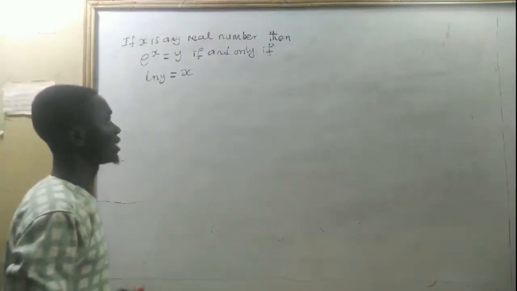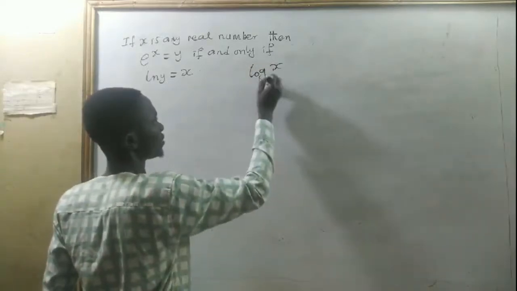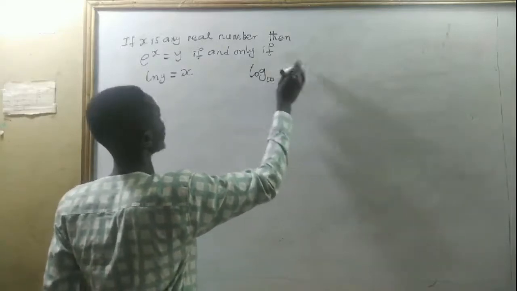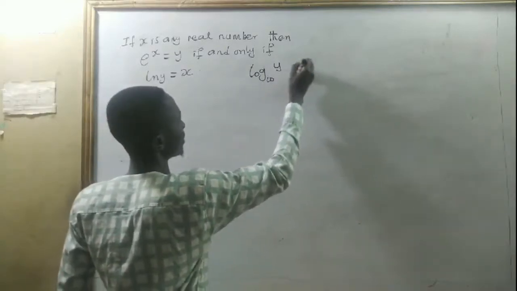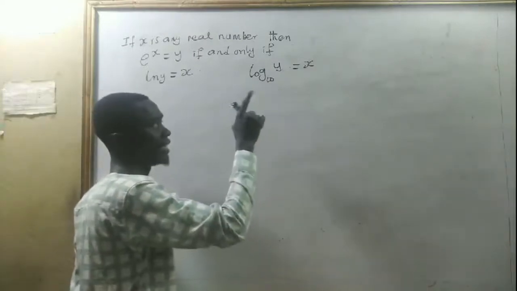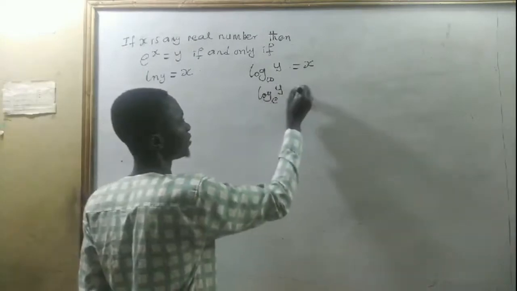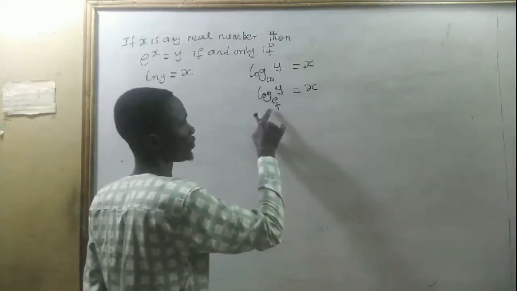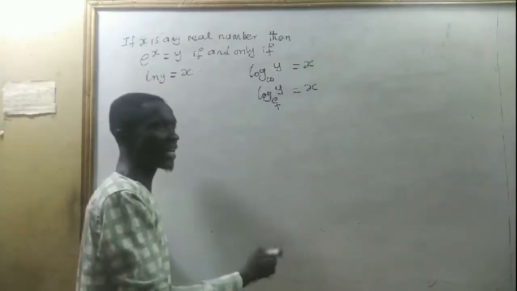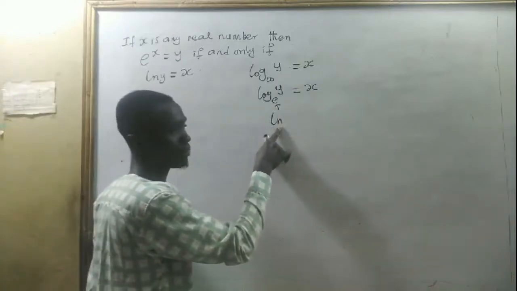Why? You see that if you write log y to the base 10 equals x, and you replace the 10 by e, that is log y to the base e equals x. Since you have written base e, we give it another name called the natural logarithm, written as ln and pronounced as ln.